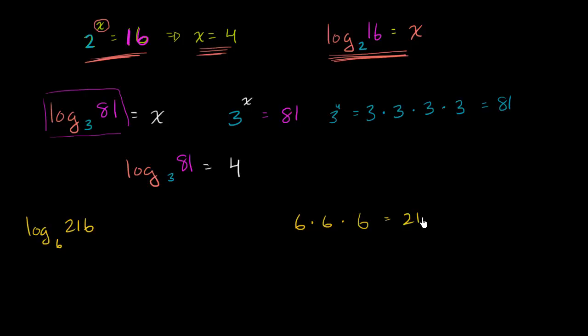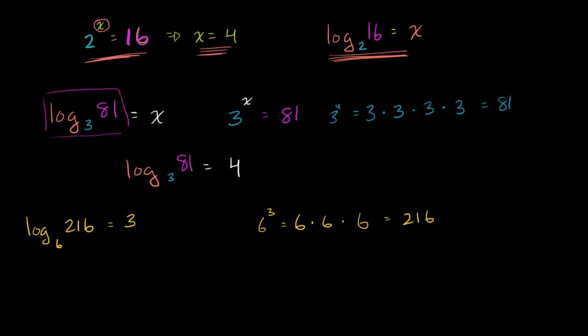So 6 to the 3rd power is equal to 216. So the power I have to raise 6 to get to 216 is just going to be 3.